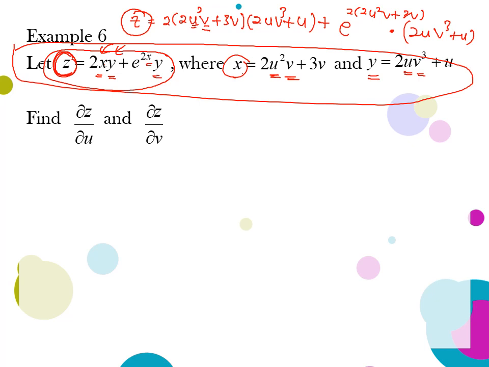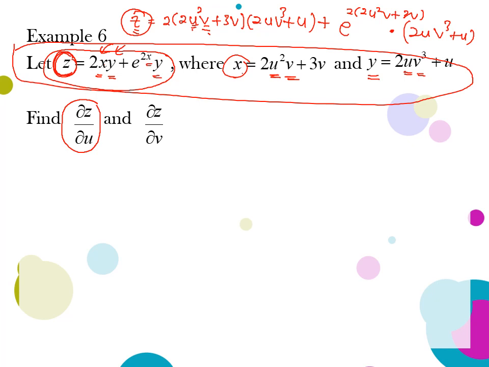Alright, but at the same time, you must remember your x and your y are two functions that are depending on u and v. Okay, that's why here we are interested to find del z del u, because our z here in reality is depending on u and v, not x and y.